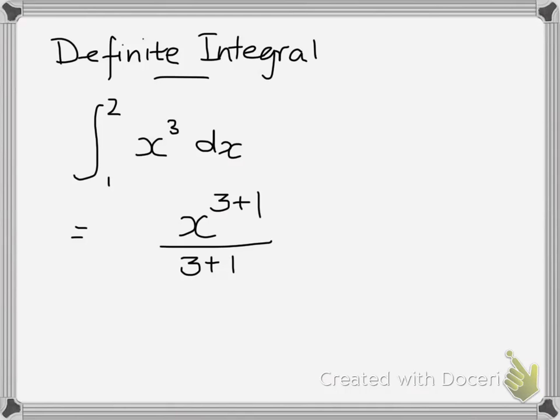Once you've integrated, because it is a definite integral, you have to change the presentation into a square bracket. And then you are going to move those 1 and 2, which are called the limits. Remember the limits? So this 1 and 2, now you're going to transfer it to the right hand side.